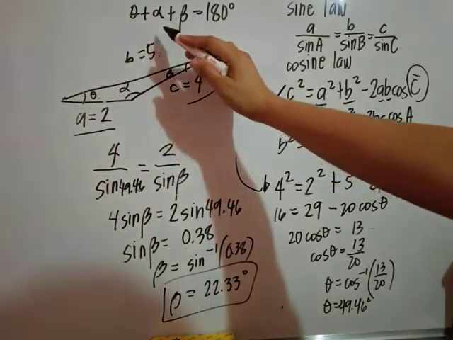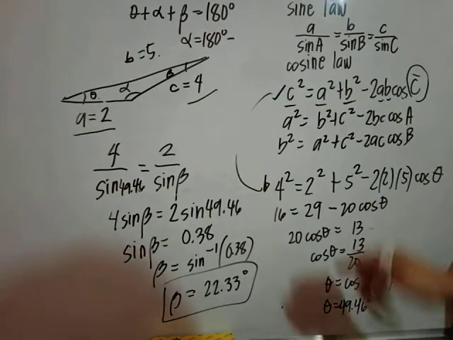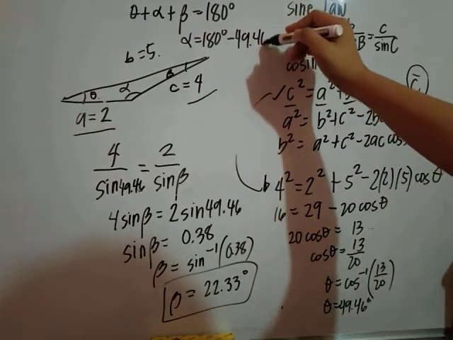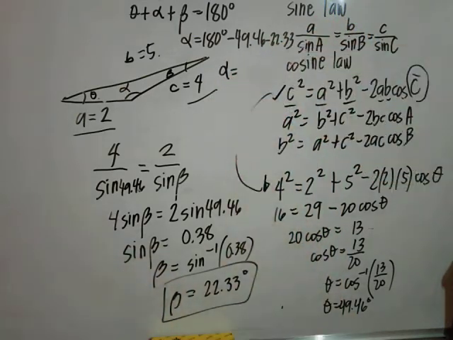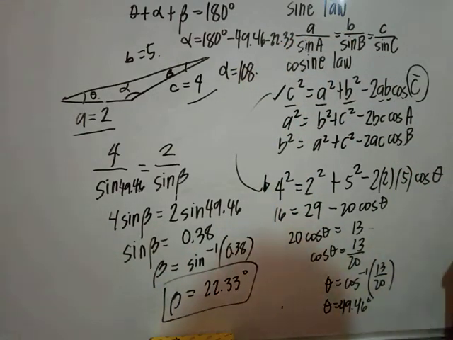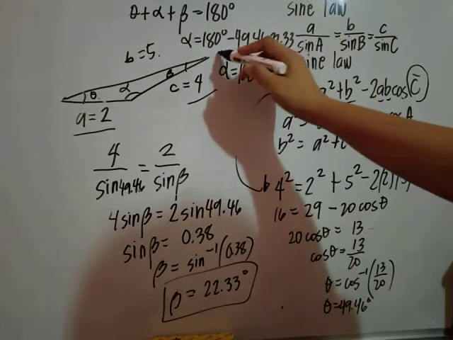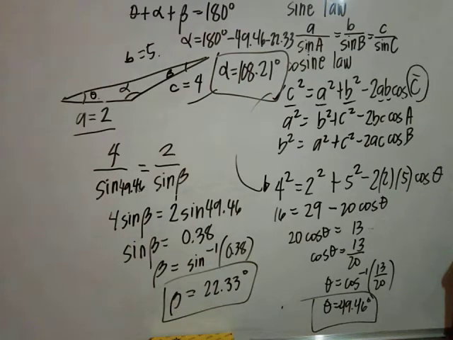So, we have alpha is equal to 180 minus 49.46 minus 22.33. Therefore, alpha is equal to 108.21 degrees. So, yun na yung tatlong angle natin.